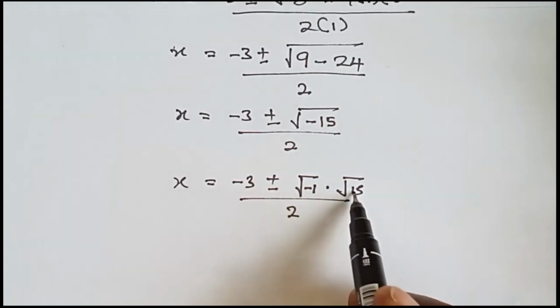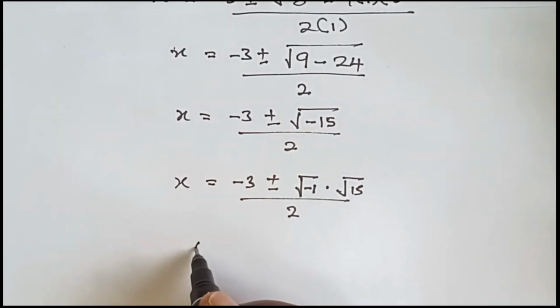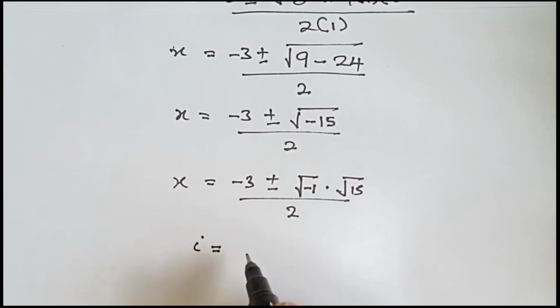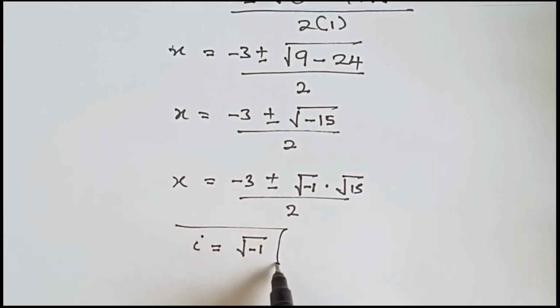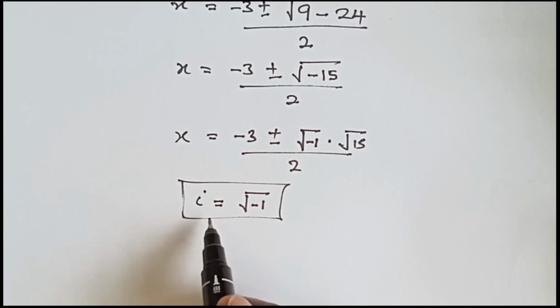When you multiply these, it's going to give us this. And you know that our imaginary unit i equals the square root of minus 1. So anywhere we see square root of minus 1, we can write this.